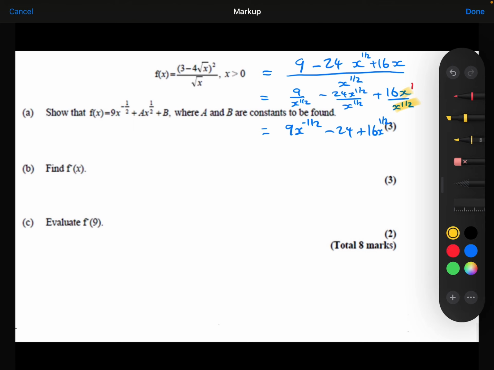And there we go. This is my answer for part A of this question. And we can see it does match up with what we needed to show here, where A is 16 and the B is minus 24.